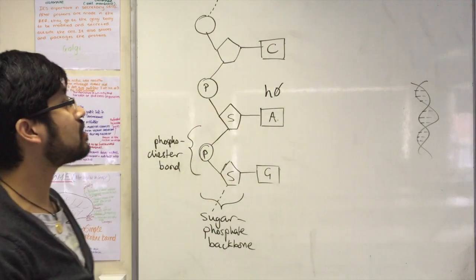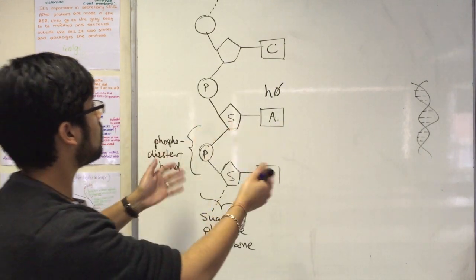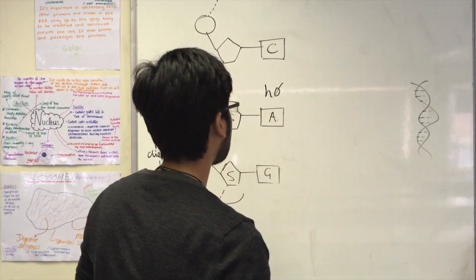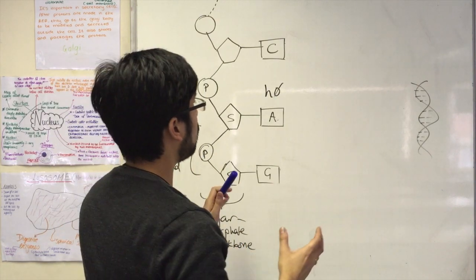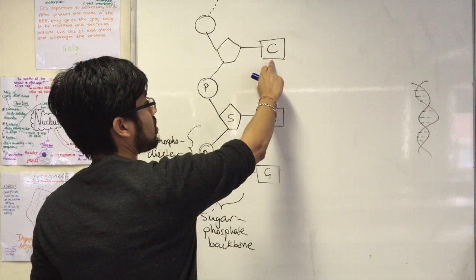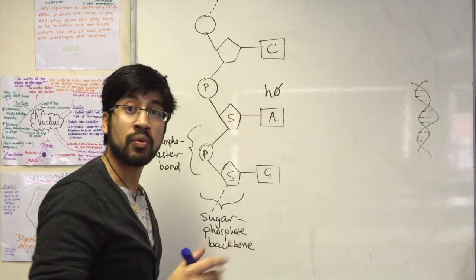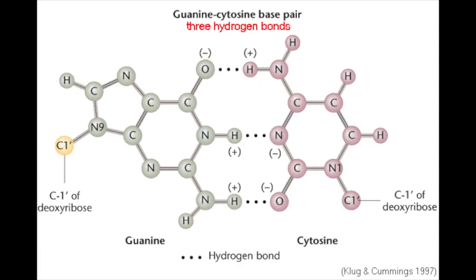Okay, why is it that there are two strands? What's holding them together? What's holding them together is the interaction that one base can have with another one. Bases have partial positive and partial negative regions.